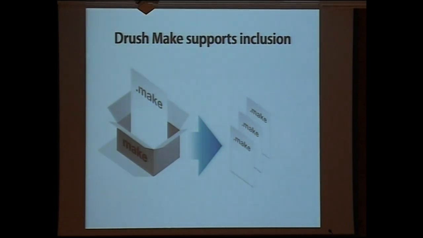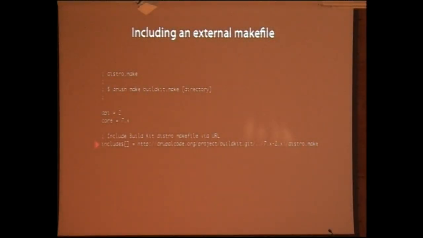Another interesting feature of makefiles is inclusion. You can include in your makefile another makefile, a remote one, usually. So here you see everything is empty except that we include this makefile from a Buildkit, which we will describe in more detail later.